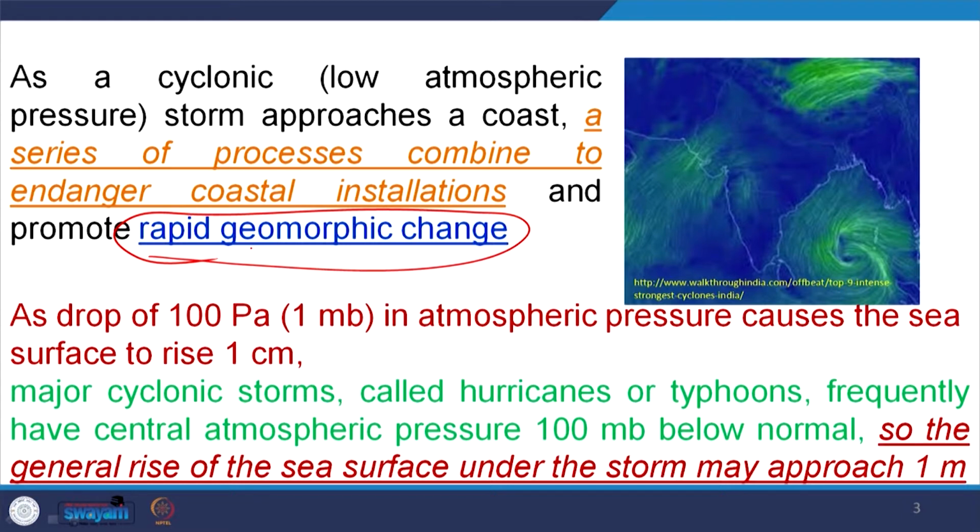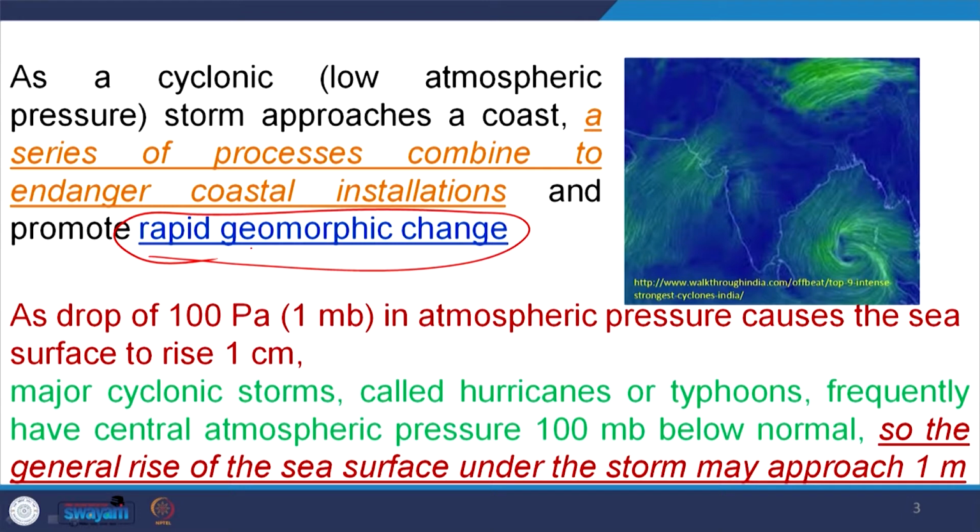You know, a drop of 1 millibar in atmospheric pressure increases the water level by 1 centimeter. Major cyclonic storms, whether hurricanes, typhoons or cyclones, are named depending upon the areas. Somewhere it is called a cyclone, somewhere a typhoon, somewhere a hurricane, depending upon the region.